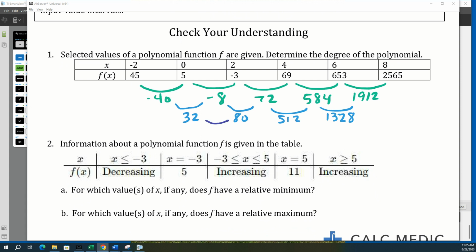You might want to start writing smaller than me because I'm definitely running out of room. We're also running out of differences. And so third differences are not constant. So if it's not these, then we're in trouble because we're out of numbers, but it is. So we get 384 for both of these fourth differences, which means this function is degree 4.